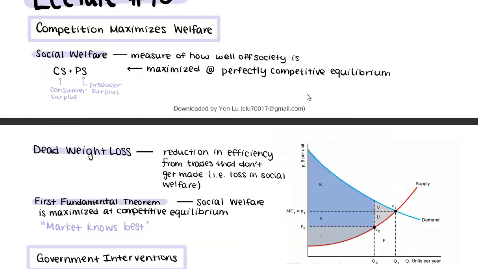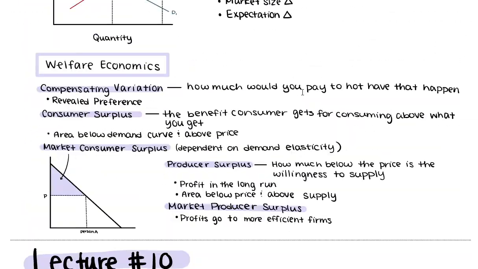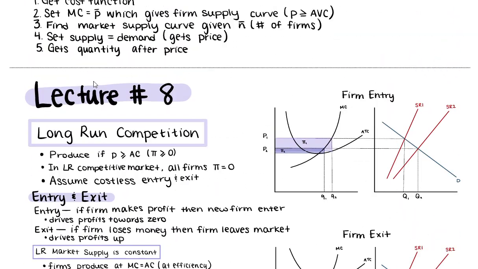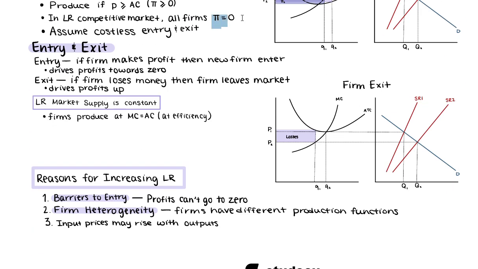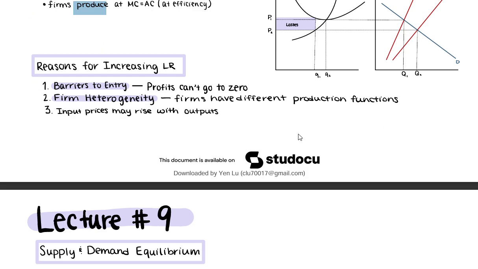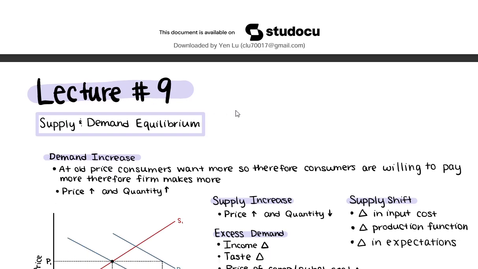Okay, so that's a brief introduction. We finished how long-run competition works, where profit equals zero, how to choose a price, how to choose the quantity we produce, and what causes the differences from model to reality.